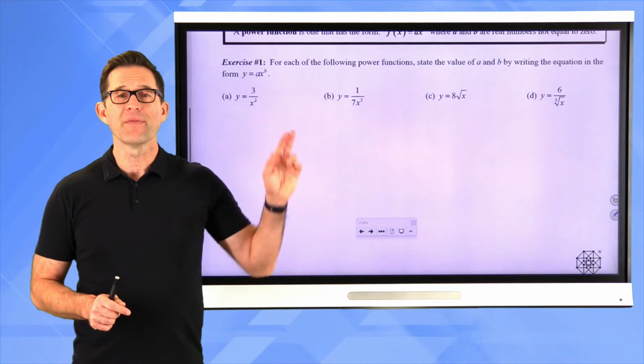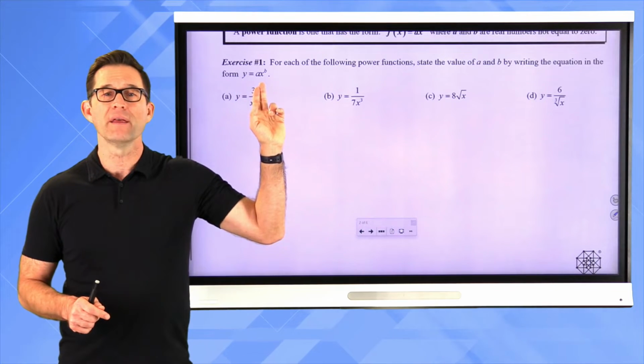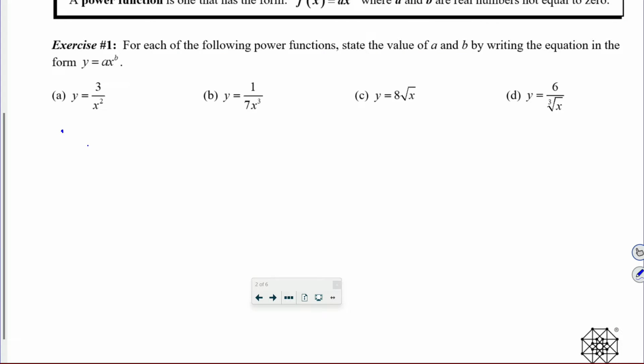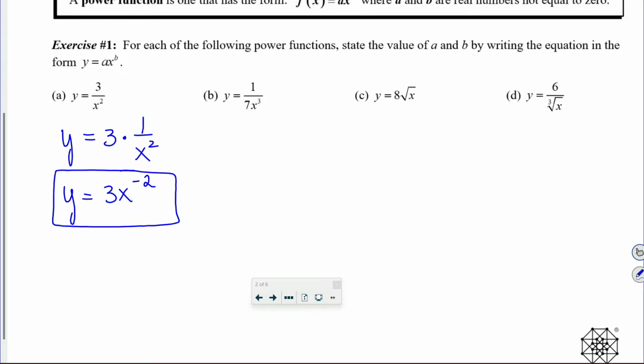Well, if I want to write this in power function form, y equals a times x raised to the b, then the first thing I might want to do is rewrite it as y equals 3 times 1 over x squared. I could then take that and rewrite it as 3 times x to the minus 2. So there I have it written in power function form where a, the coefficient, is 3, and where b, the exponent, is equal to negative 2.